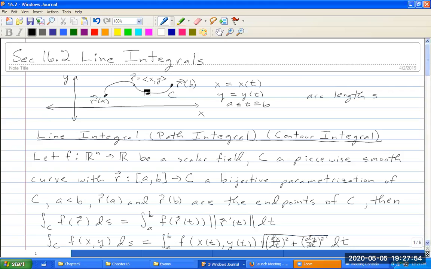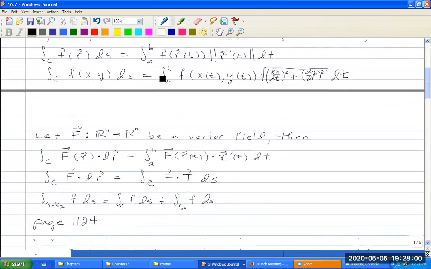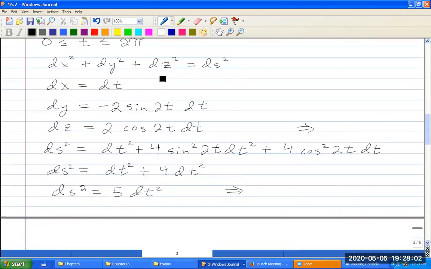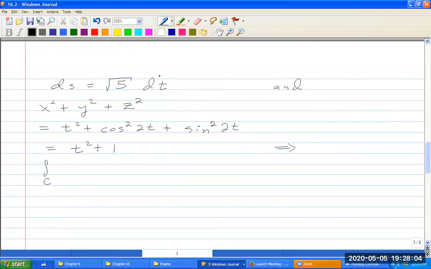We're integrating actually over a curve. So it really should be called something like a curvilinear integral or something, but line integral is the terminology that everyone uses. So it's integrating over this curve C of x squared plus y squared plus z squared ds.